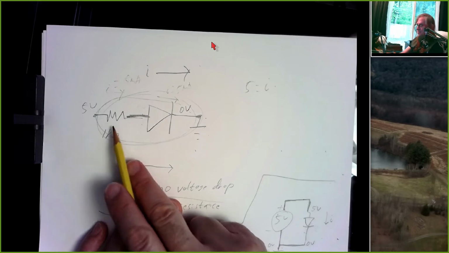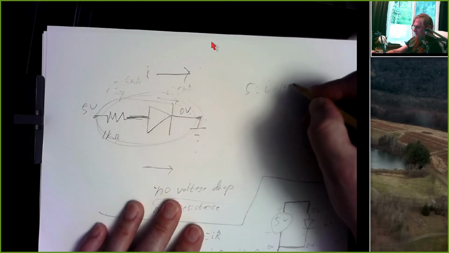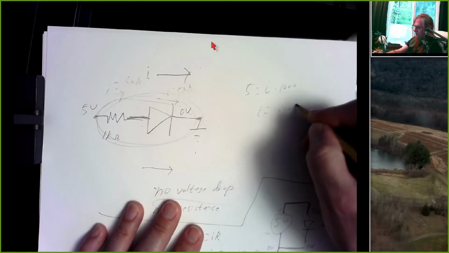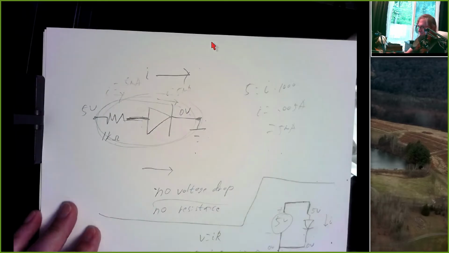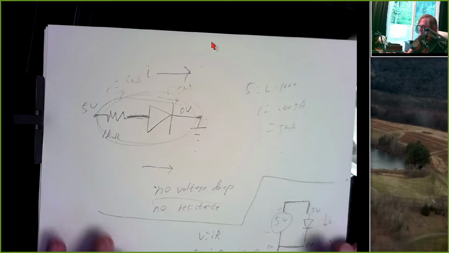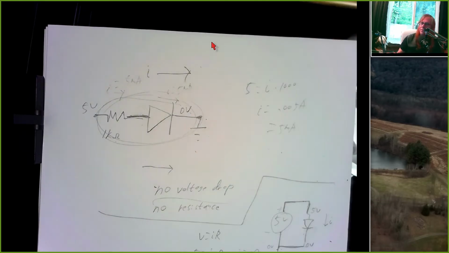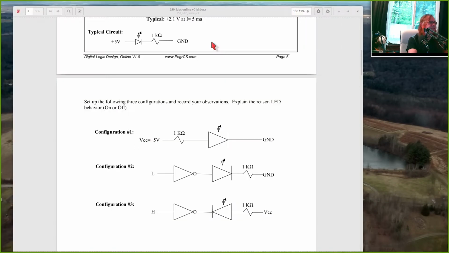This is 1K. Resistors in series, this is 1,000. So there's your current of 5 milliamps. All right, so first configuration, you end up with 5 milliamps flowing through the diode in this direction. That should make it turn on. And I think most people, that's what they observed, was in this first configuration, the LED lit up.